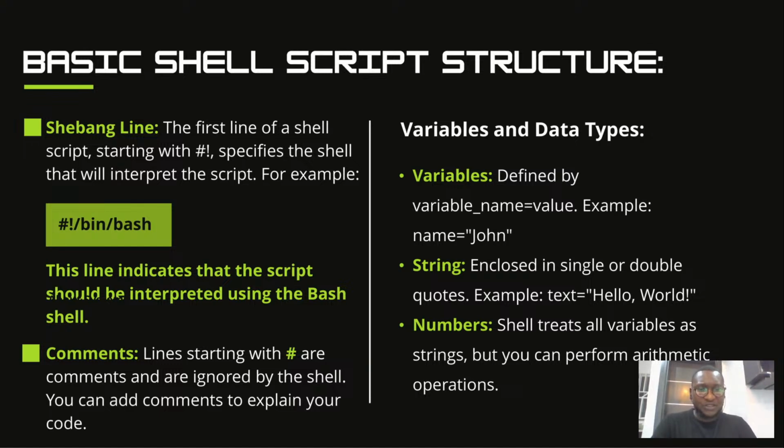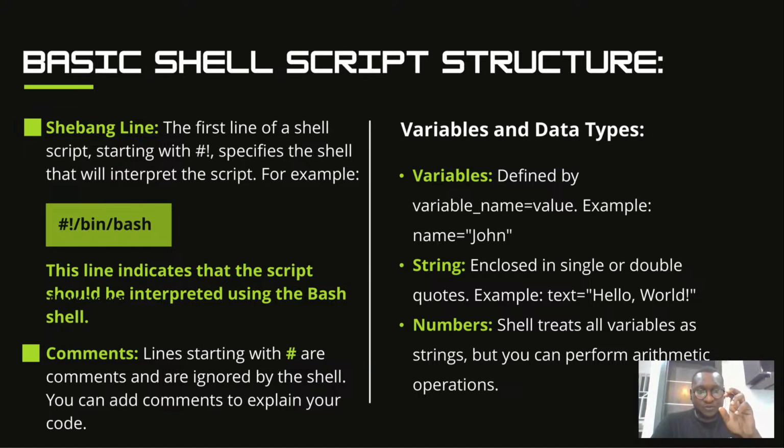So variables basically are like containers in which you store a value. If I say A equals ukeme, A is the variable which is storing the value called ukeme, right? So name equals John in quotes. Strings are anything in quotes; this is commonplace to almost all programming languages.